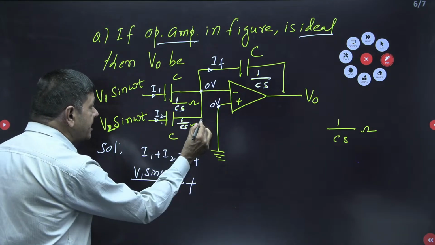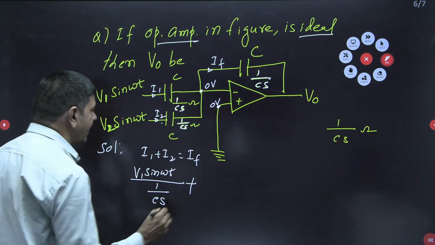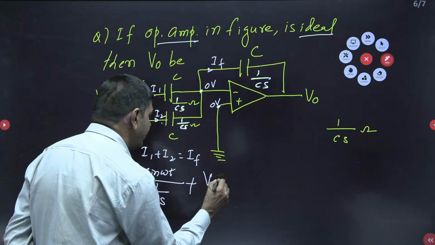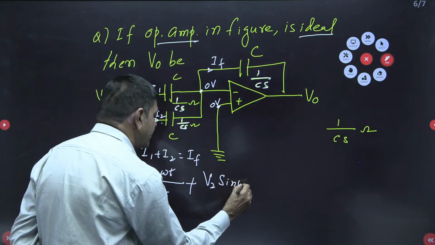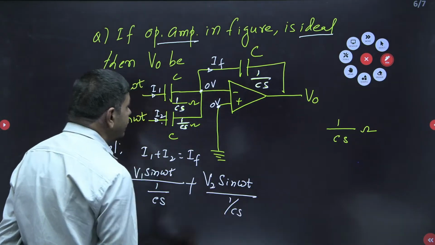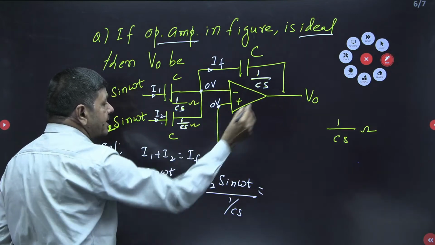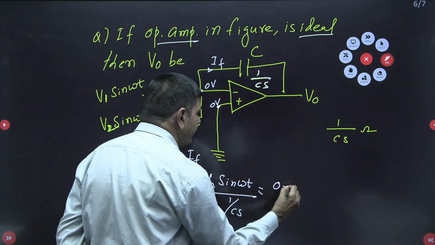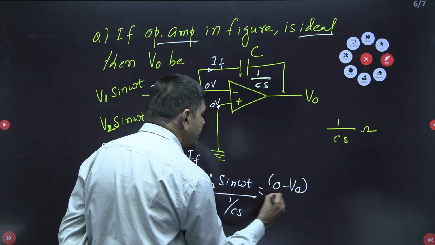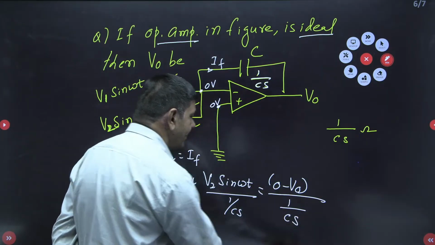Plus I2, which is V2 sin omega t minus 0 by 1 by Cs. This equals 0 minus V naught by 1 by Cs.